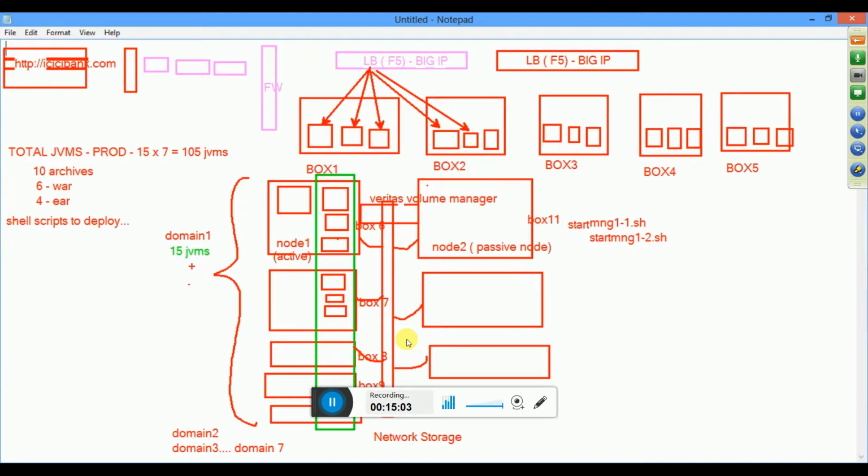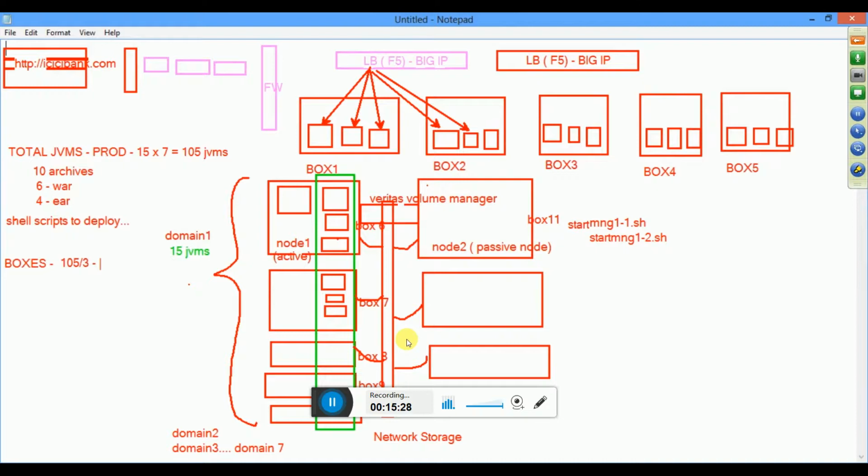So you have in production 105 JVMs, and how many boxes do you have now? Look at the boxes you have. So 105 JVMs, divided by 3 because each box is having 3.